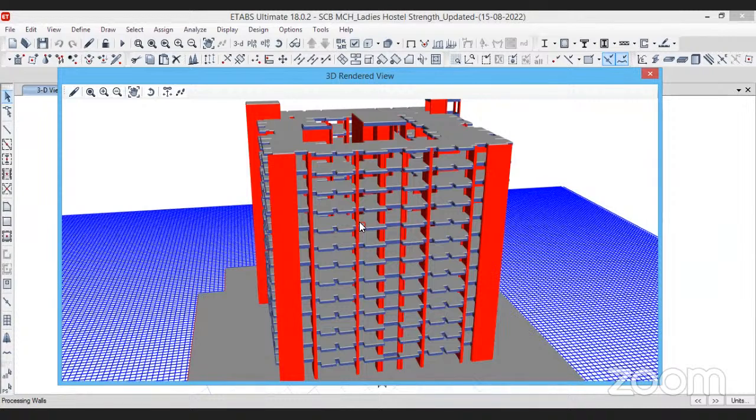Monitoring every floor, every element, every rebar will be done using BIM. Plumbing systems, fire systems, HVAC systems, everything.